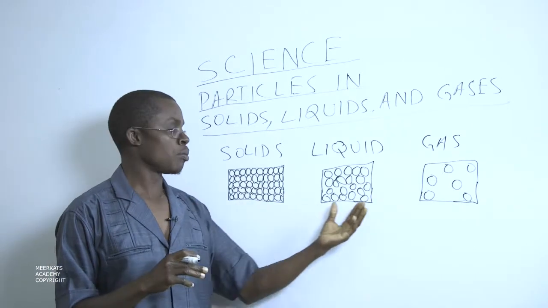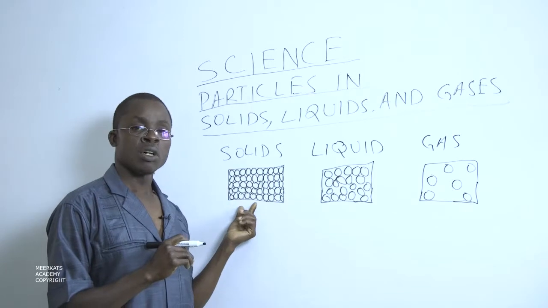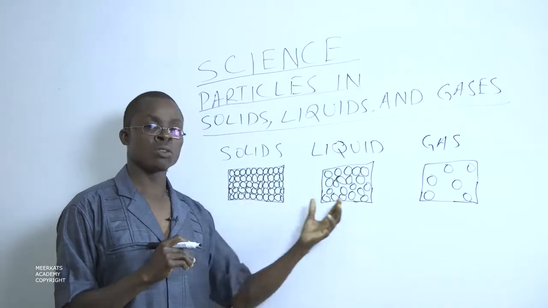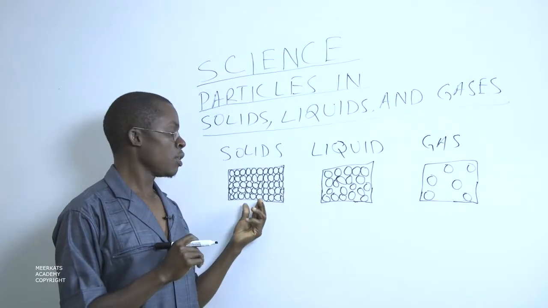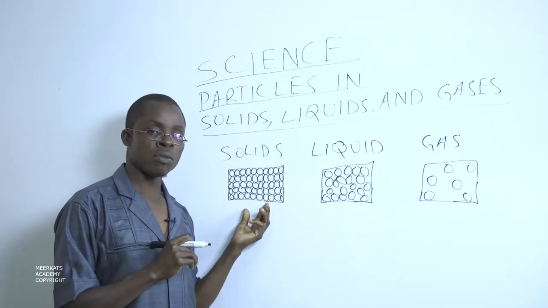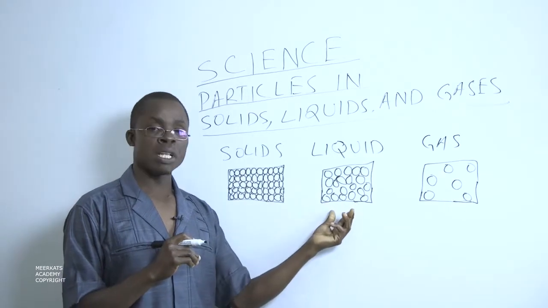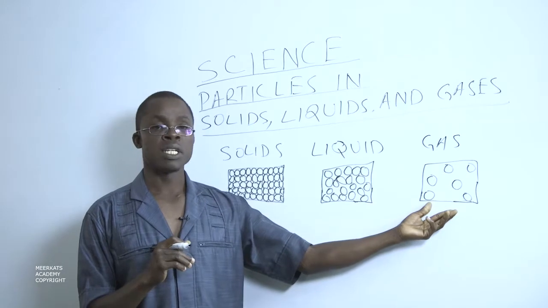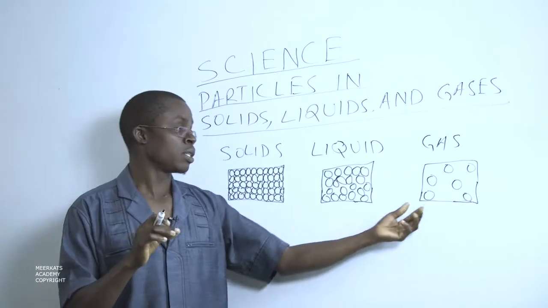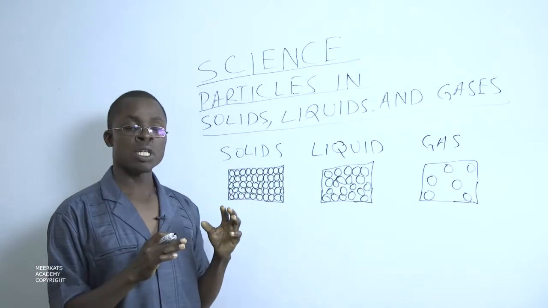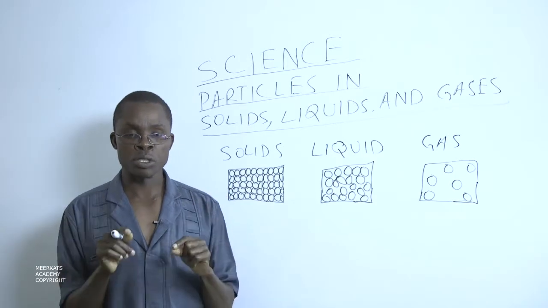They all have small particles. They all have forces holding the particles together, but the strength of the forces vary. Solids have the highest force of attraction holding the particles together, followed by the liquid, and the gases have the least force attracting the particles. They also have the particles being in constant motion.